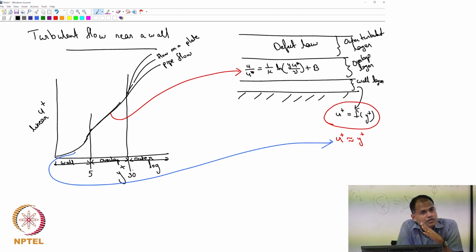From y plus of 5 to 30, u plus goes approximately as the logarithm of y plus. Beyond that, neither law is okay, and you will start seeing different profiles.